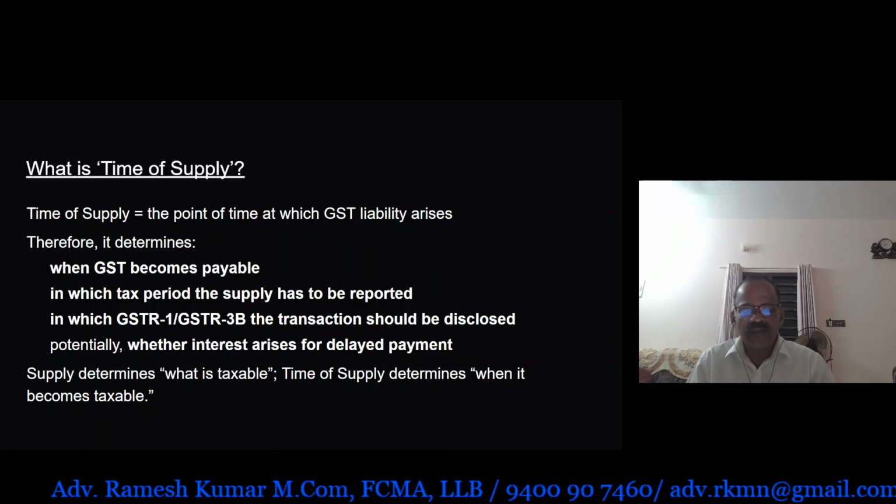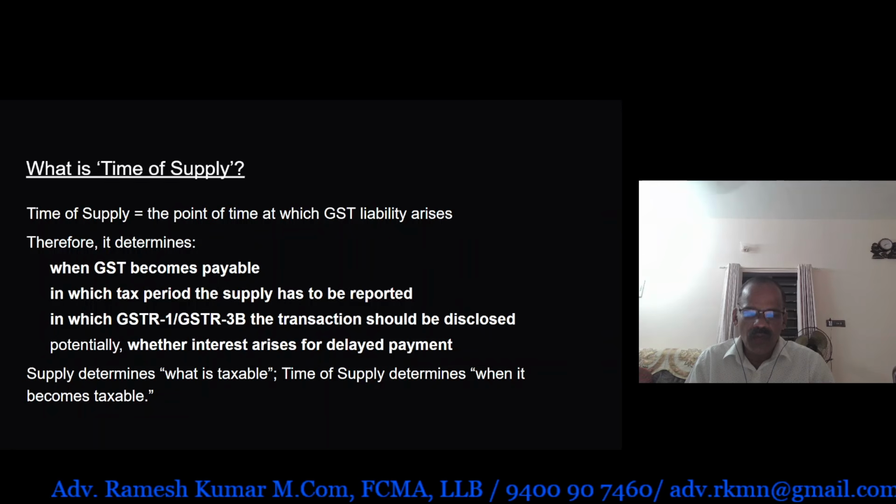It also helps us to decide in which tax period the transaction has to be reported and consequently in which GST return, that is 1 or 3B, the transaction has to be disclosed. It can also become very important for determining whether there is a delay in payment of GST and consequently whether interest has to be paid.